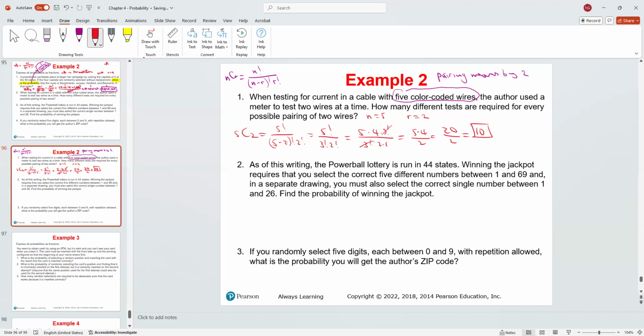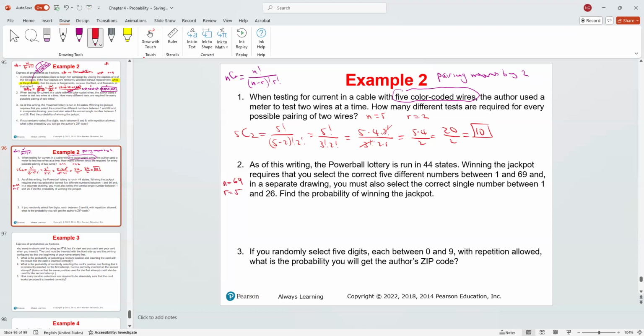You need to pay attention to this: I am not sure you need to take the five different numbers in order. So that would be combinations, where n is 69 and r would be five different ones in a separate drawing.